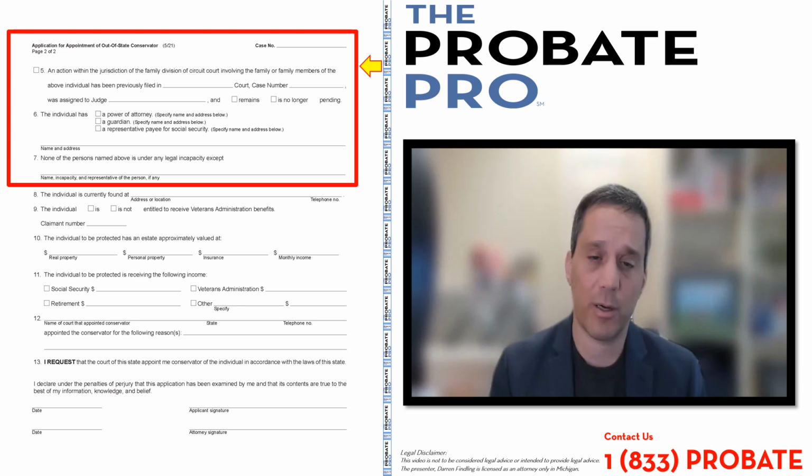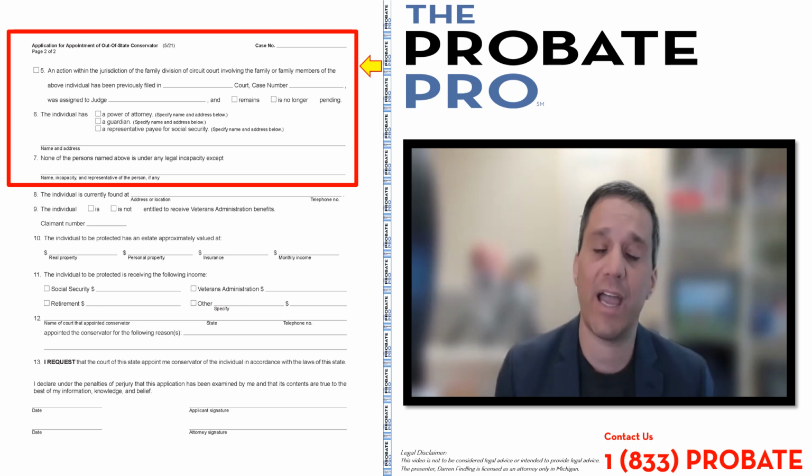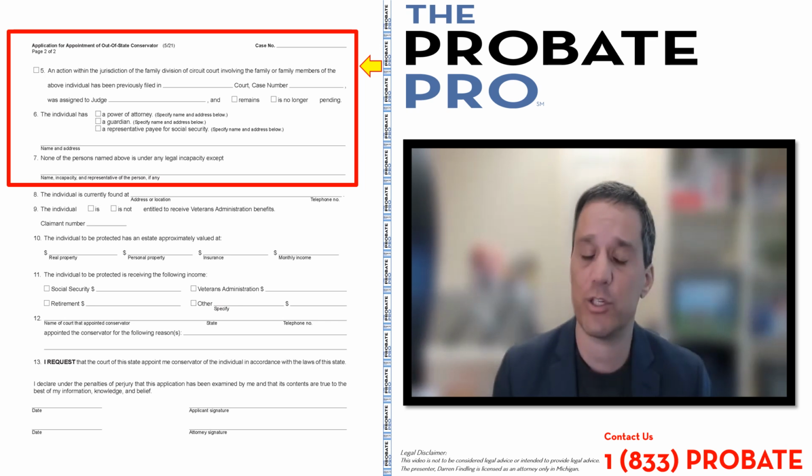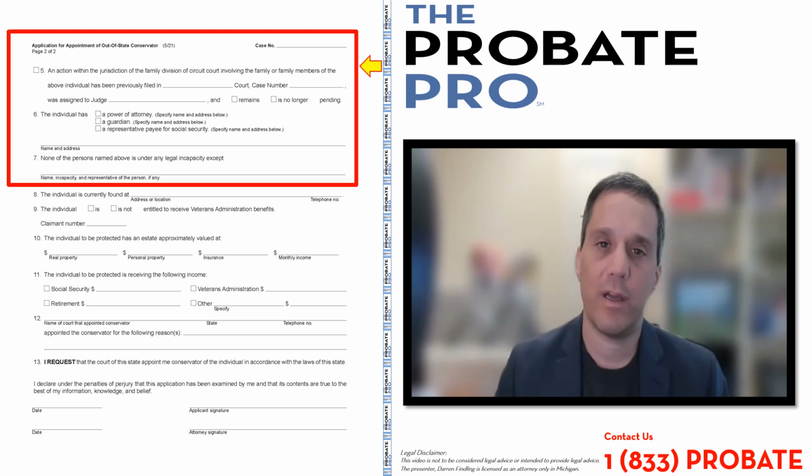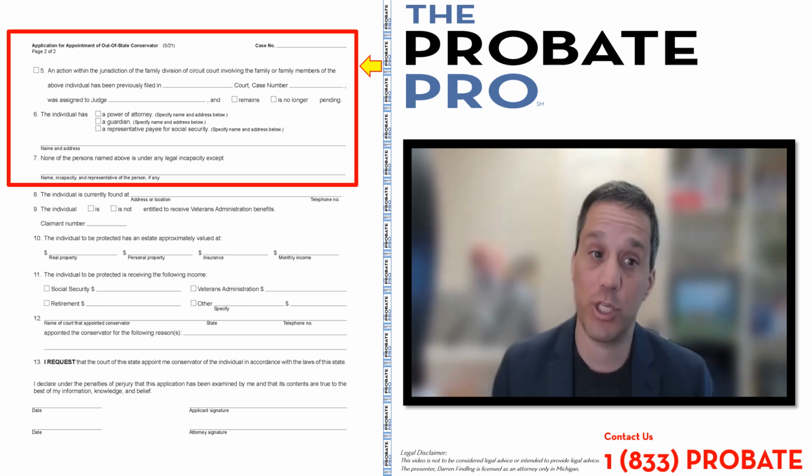In this particular section, under number 5, there's an identification if there's already a matter pending within the jurisdiction of the family division of the circuit court involving the same family members. The idea being if there's already a matter proceeding, these matters can be joined and consolidated rather than having different matters involving the same person with different judges.